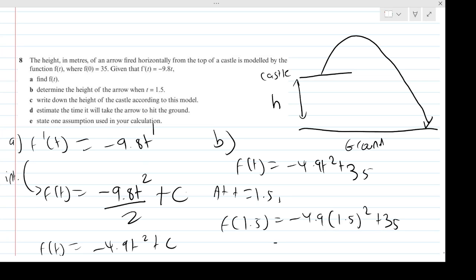If I just put that in the calculator, I get 23.975. Does it give any units? Meters. Okay, meters. Cool.